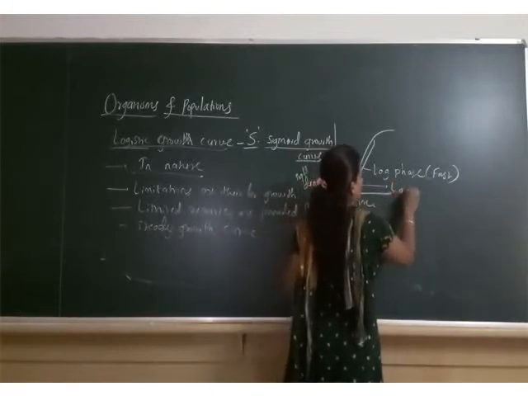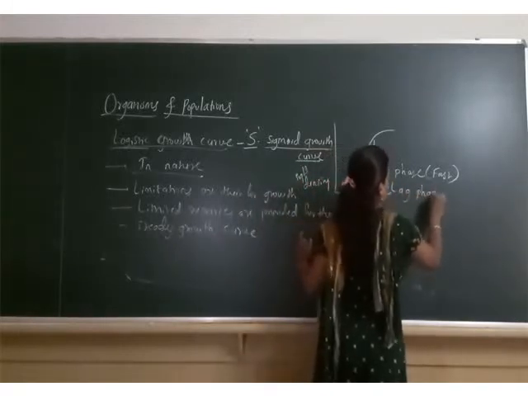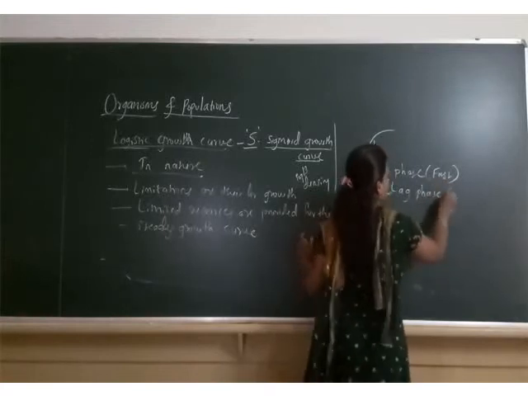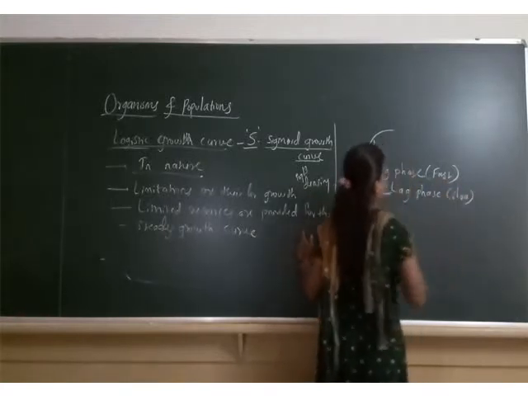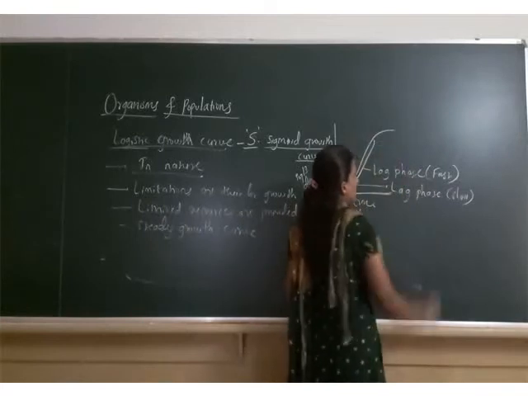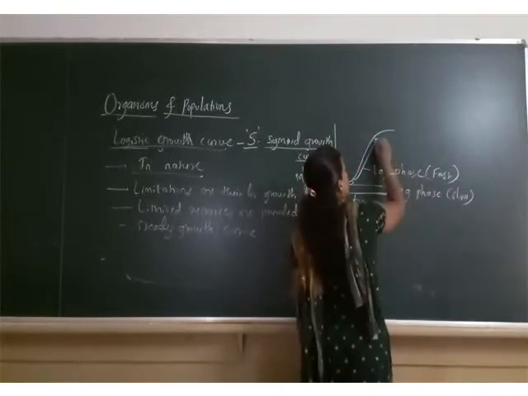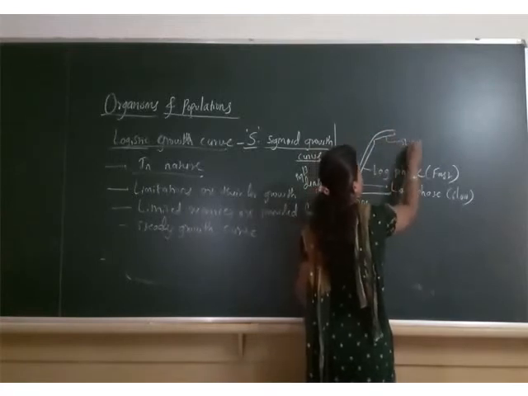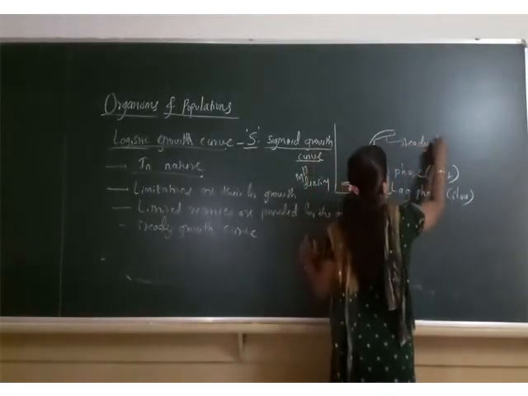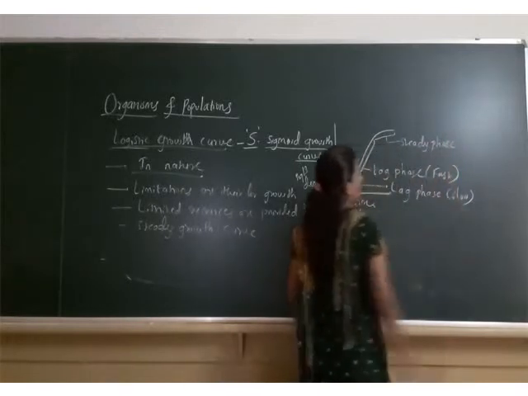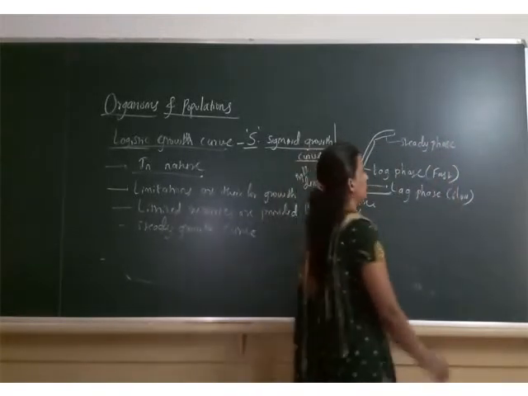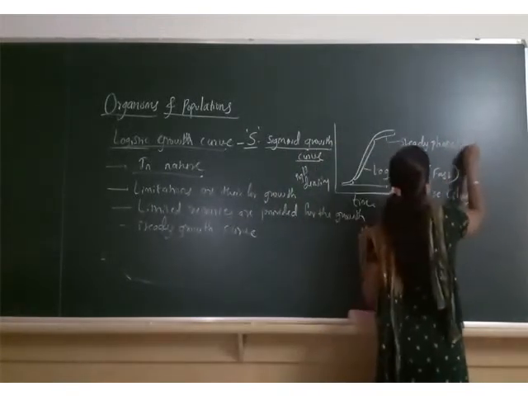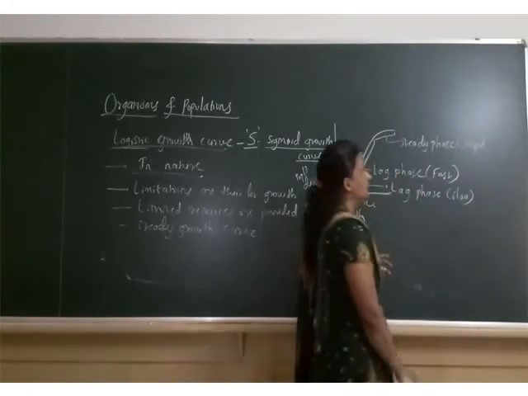This is called lag phase. That is a slow growth. From this to this is called log phase, fast growth, and from this to this is called steady phase, means very slow or stop the growth.